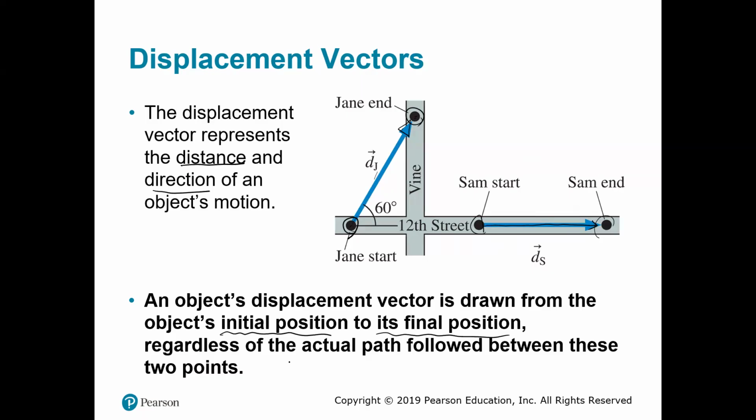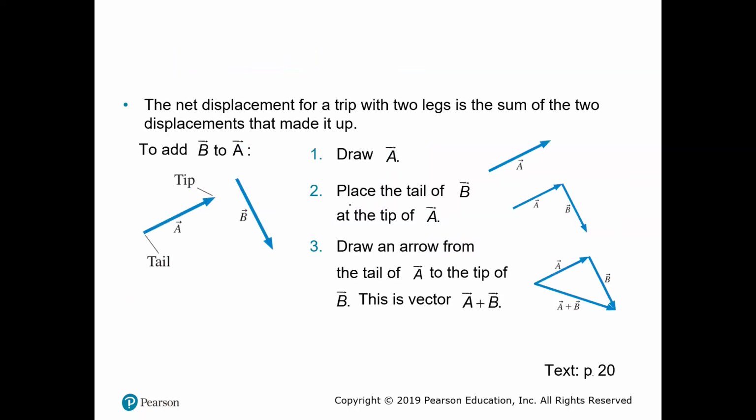So this is again regarding displacement over the actual path. That means if Jane starts here and goes like this and ends here, Jane's displacement vector is again the same. So the net displacement for a trip with two legs is the sum of the two displacements that made it up.